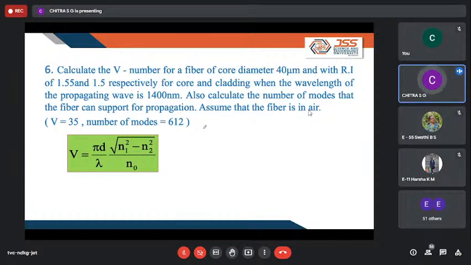Calculate the V number for a fiber of core diameter 40 micrometer and with refractive indices of 1.55 and 1.5 respectively for core and cladding, when the wavelength of the propagating wave is 1400 nanometer.